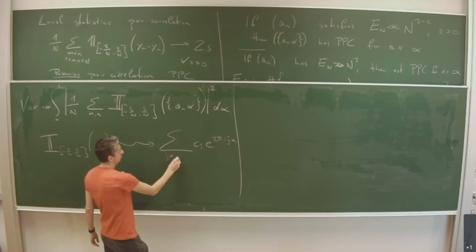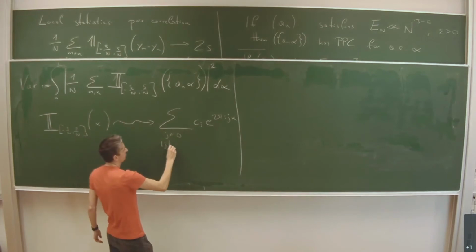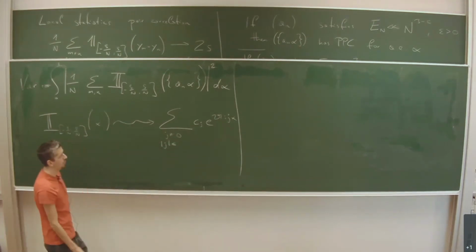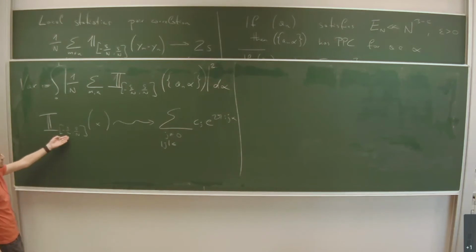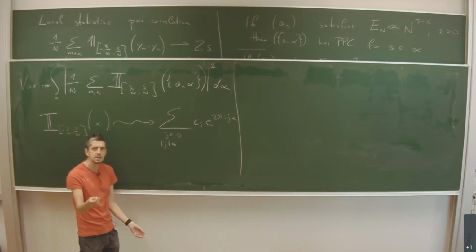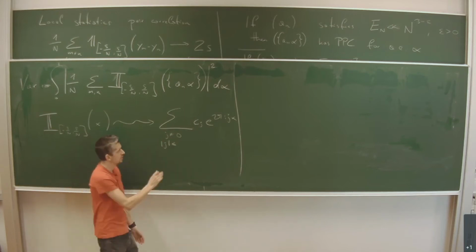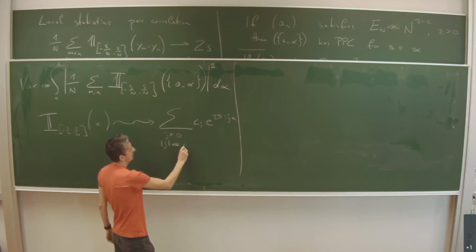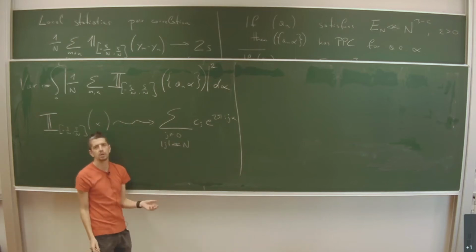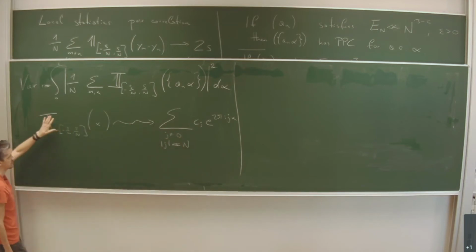We don't need the zeroth Fourier coefficient because we have subtracted it. And how large do we have to go with our Fourier frequencies? Well, the function here is localized at scale 1 over n essentially. So we need Fourier coefficients going at least up to n and a bit higher, then we can approximate the indicator function efficiently by the Fourier series. So we need to go with this j up to capital N and actually a bit higher, and then this trigonometric polynomial is a good approximation for this function here.